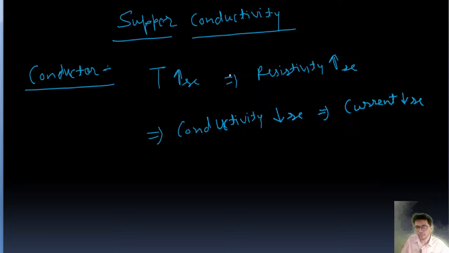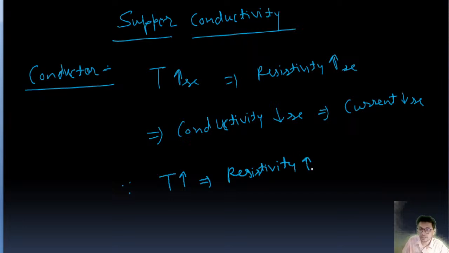And if conductivity is decreasing, means current is decreasing. So this is what happens in conductor. And since when we increase T, resistivity is increasing, it means they have plus sign, means positive temperature coefficient.